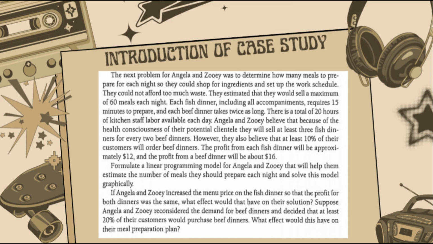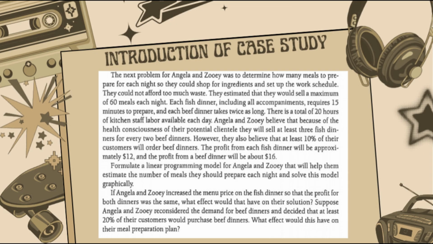Each night they can sell a maximum of 60 meals, while the labor available is only 20 hours each day. Preparing a fish dinner requires 15 minutes, and a beef dinner takes twice as long, which means 30 minutes to prepare.